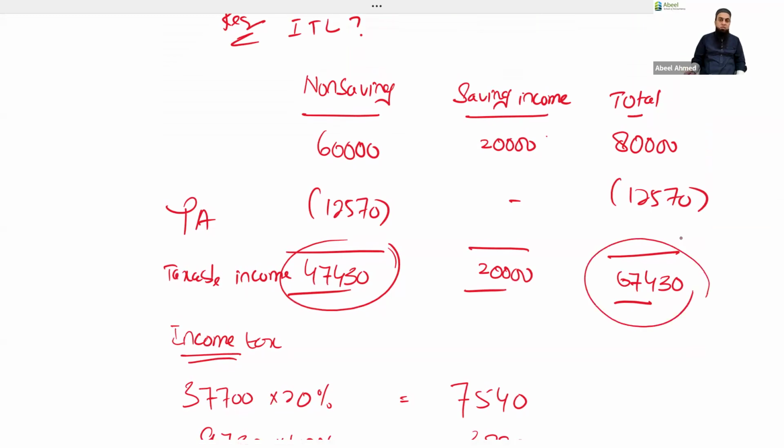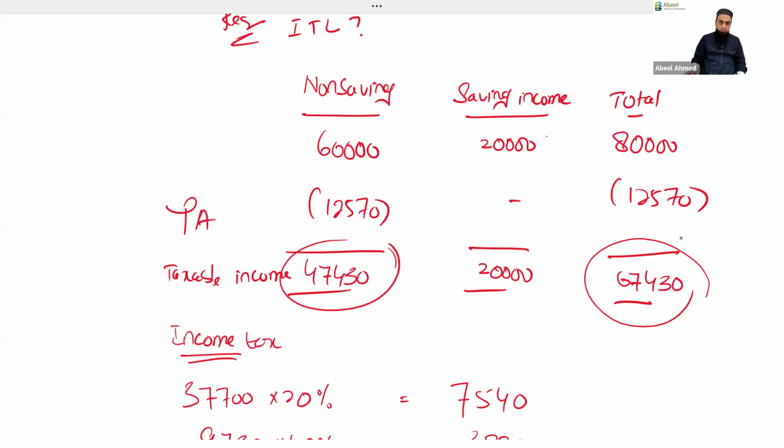Total taxable income in this question is 67,430, which is obviously more than the basic rate band because basic rate band limits end at 37,700. This individual is having taxable income more than 37,700 and obviously it is not exceeding 1,25,140. So simply this individual is a high rate taxpayer.